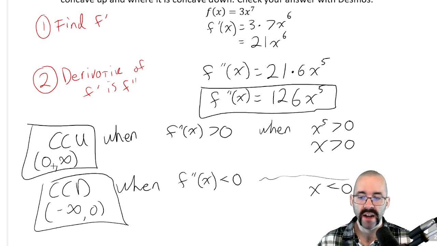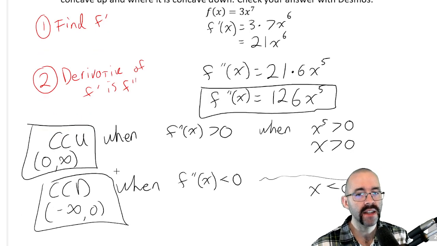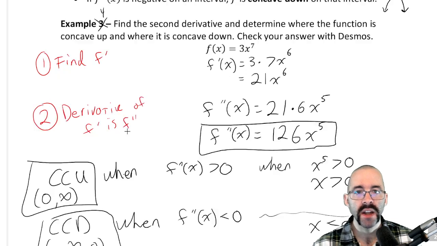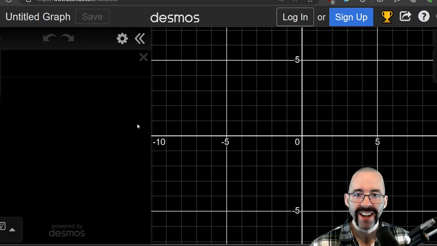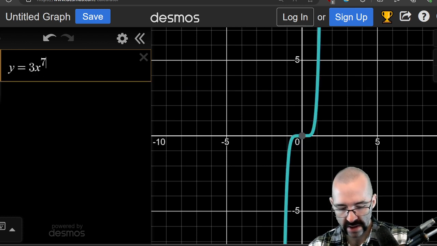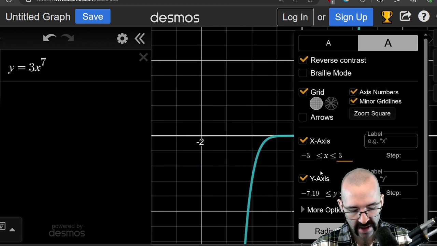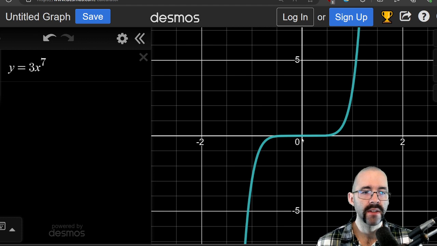Let's check our answer. Let's graph the original function and see if it's concave up and concave down where we thought. 3x to the 7th. Where is my Desmos? There it is. All right, kind of hard to see this graph a little bit, so let's zoom appropriately.